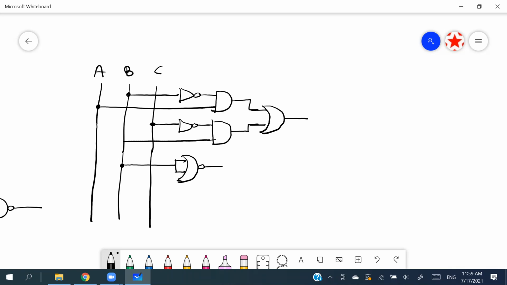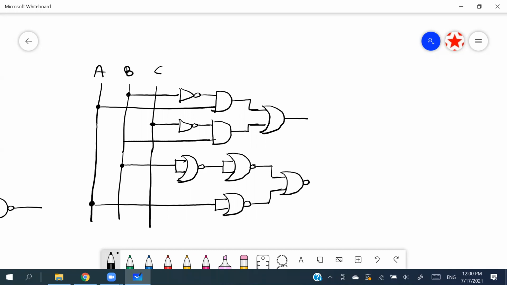So then we are going to create the AND gate using NORs. Right, here it goes.